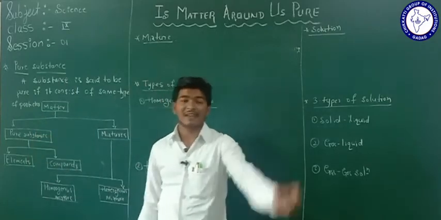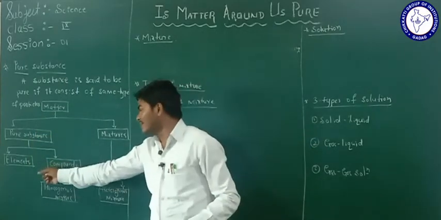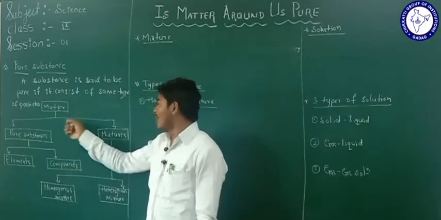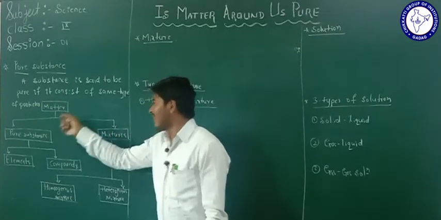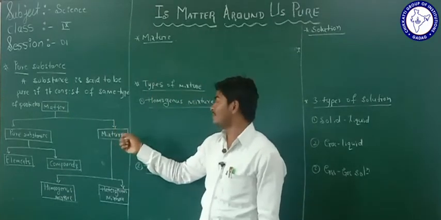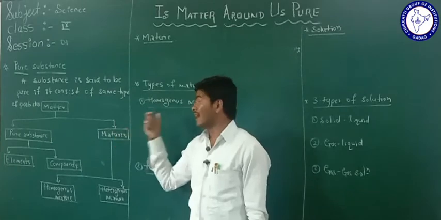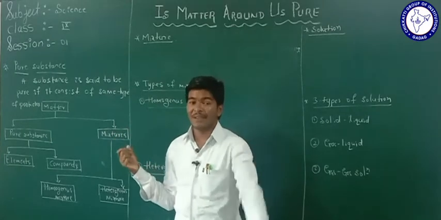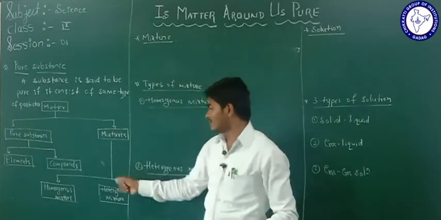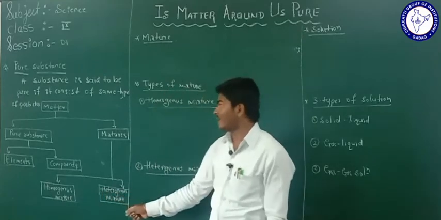Pure substances can be classified into elements and compounds. The other type of matter is mixtures. Under mixtures, we are going to study the types of mixture, that is homogeneous mixture and heterogeneous mixture.